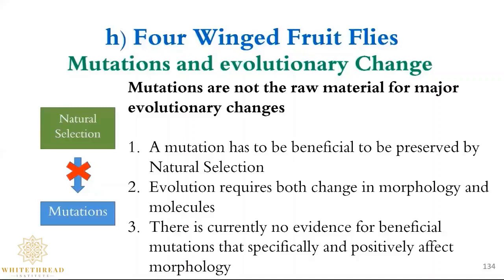And secondly, evolution requires both change in morphology and molecules. And in this case of fruit flies, we saw molecular changes at DNA level, so mutations leading to changes in the structure and anatomy of these fruit flies. However, the change was not beneficial, so it did not fulfill the complete requirement Darwinian theory needs for its evolutionary process to be fulfilled for the kind of claims that are made at the level of pattern of evolution.